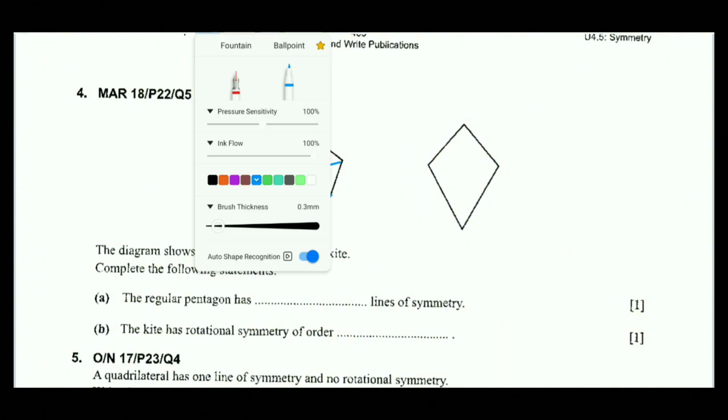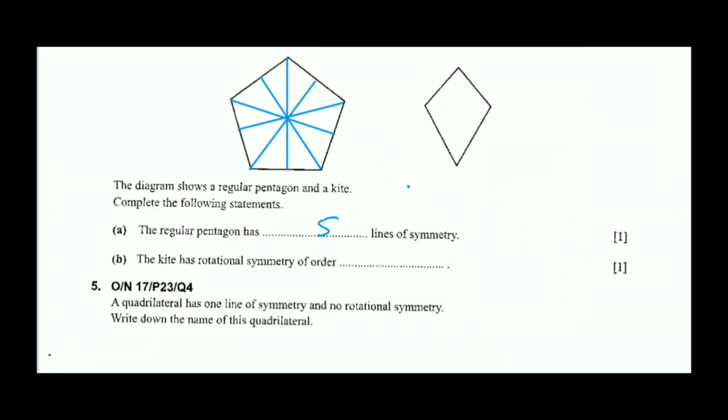So it has 5 lines of symmetry. So by using the rule of regular polygons, you can write it directly. You can write directly the lines of symmetry of a regular polygon.